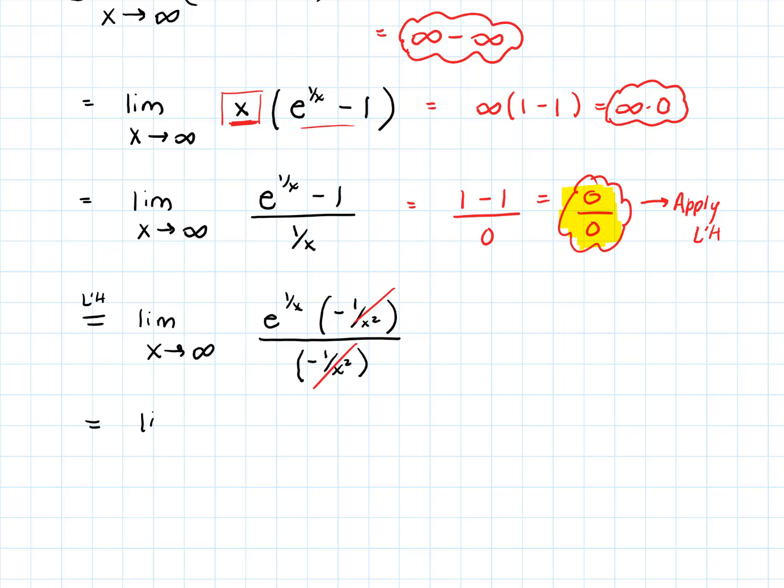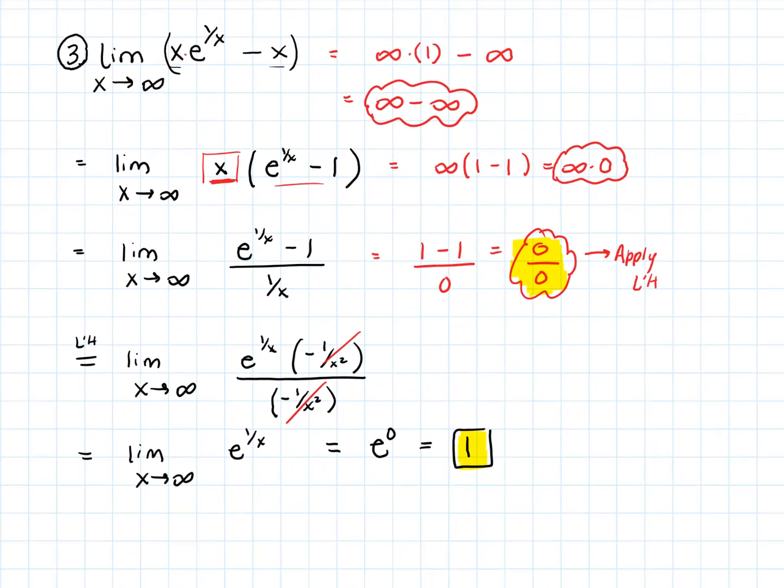This is now just the limit as x is approaching infinity of e to the 1 over x, because the other two factors have canceled, and that can be evaluated as x approaches infinity, 1 over x goes to 0, so that's e to the 0, which is 1, and we have our answer for the limit.